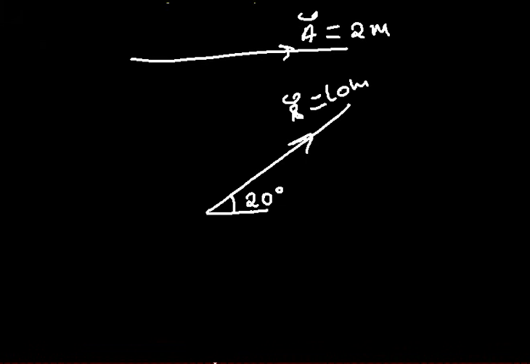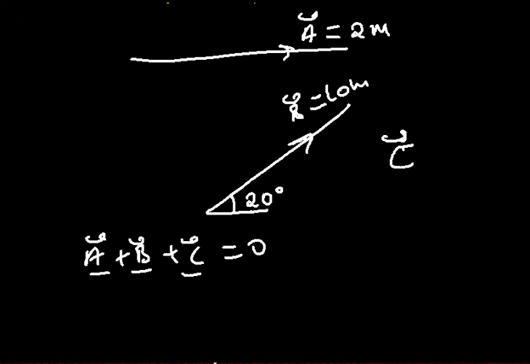Now, assuming that we have a vector C that we don't know its magnitude as well as the direction, but upon having their summation, in other words, if the summation of the three vectors adds up to 0, what do you think is the magnitude as well as the direction of the vector C?